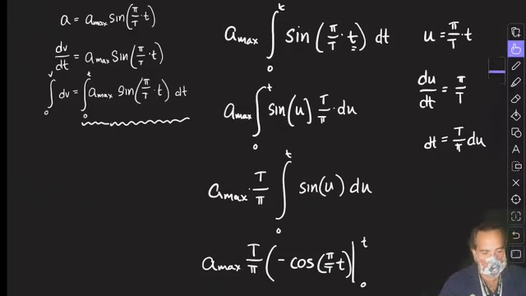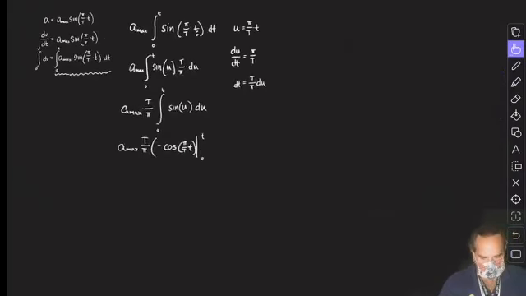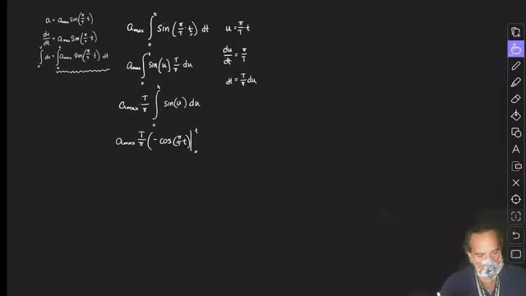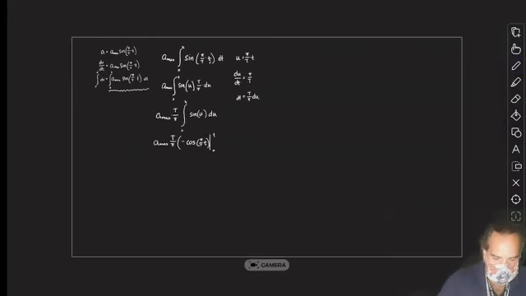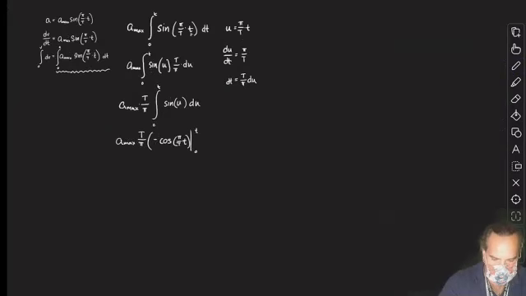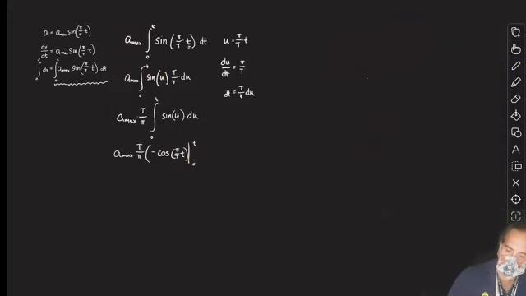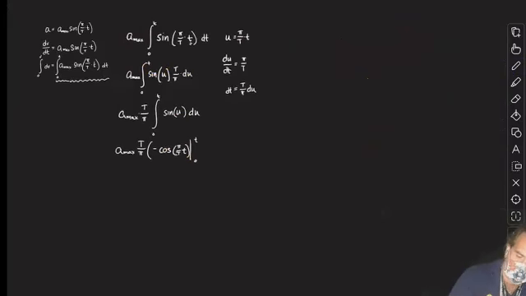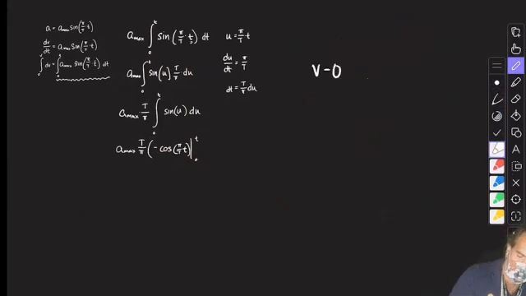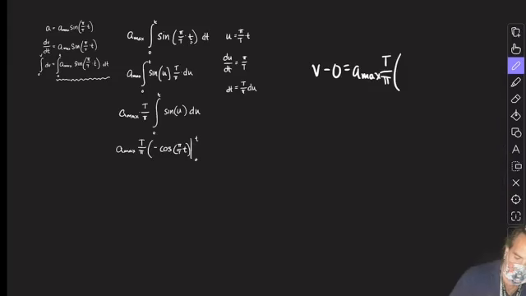So put that over there, and I'll get v minus 0 on one side, and we'll get a max t over pi times, well, I'm going to put in t first, so minus cosine pi t over t minus, I'll put 0 in.